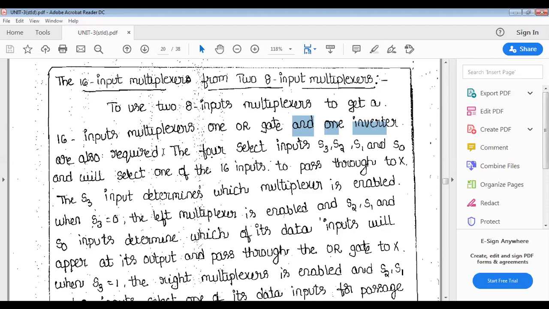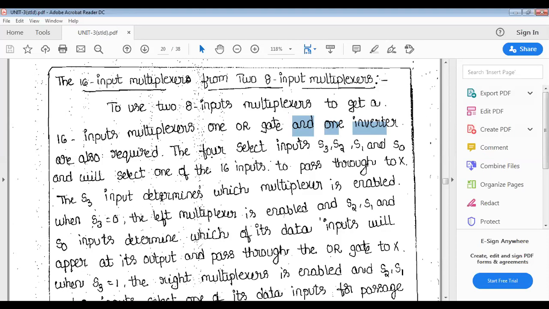Then we'll get the output according to the selection lines. Let us see that also. The 4 selection inputs, I'm taking here, are S0, S1, S2 and S3, and we'll select one of the 16 inputs to pass through to the X value.